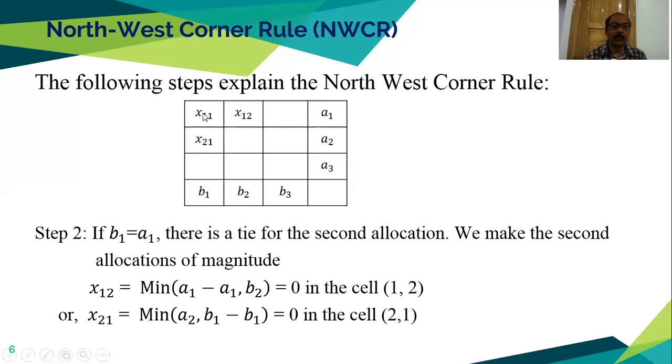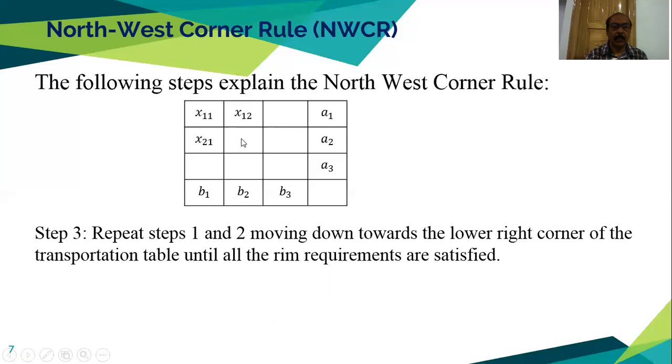Since the demand is 0, we cannot move to the column below. So we have to move diagonally. In this case, we consider x22. x22 will be the minimum of A2 and B2. Then after allocating x22 as the minimum of A2 and B2, we have to repeat steps 1 and 2.